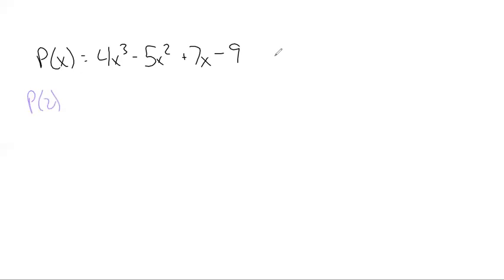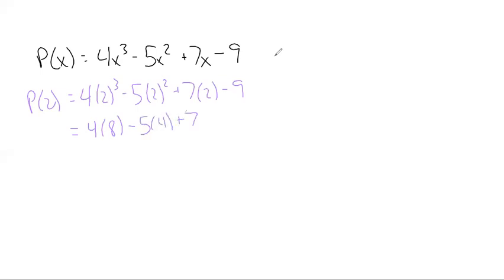Well, P of 2 would be 4 times 2 cubed minus 5 times 2 squared plus 7 times 2 minus 9. That's 4 times 8 minus 5 times 4 plus 7 times 2 minus 9, which is 32 minus 20 plus 14 minus 9. If I put all those together, I should get 17. That is one way of doing it.